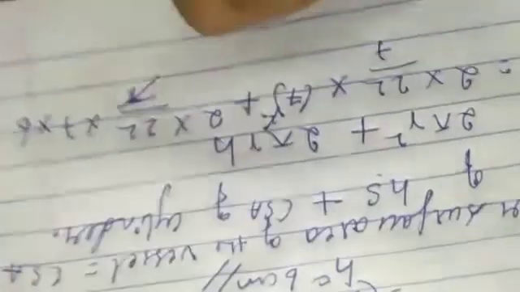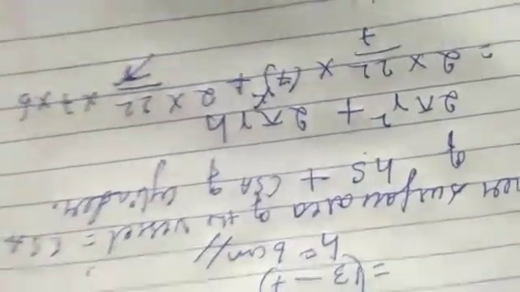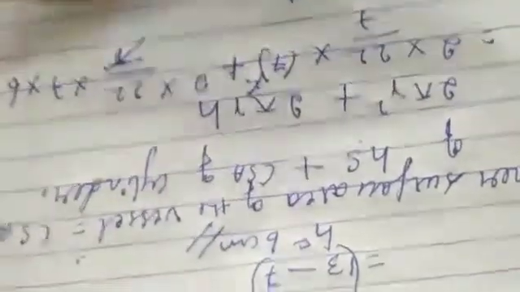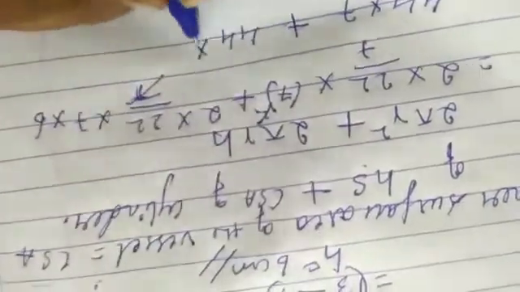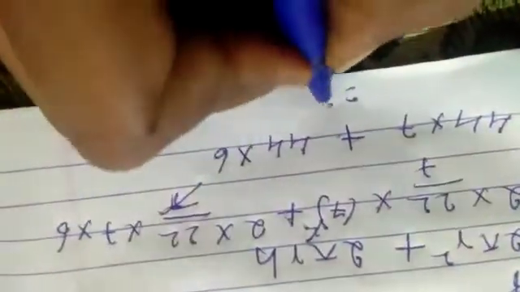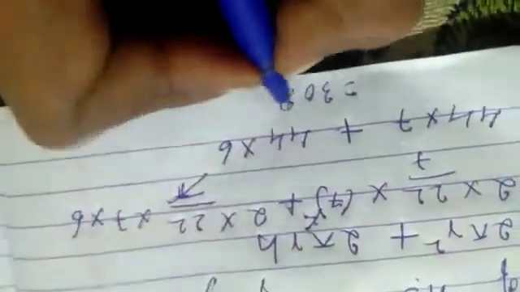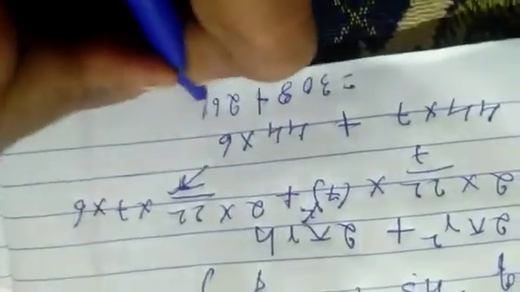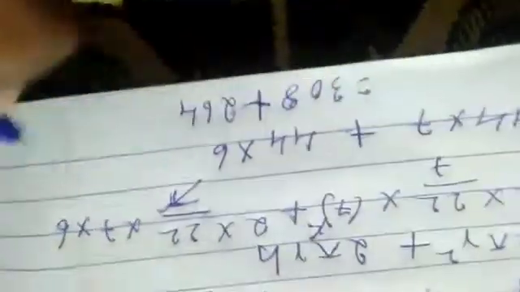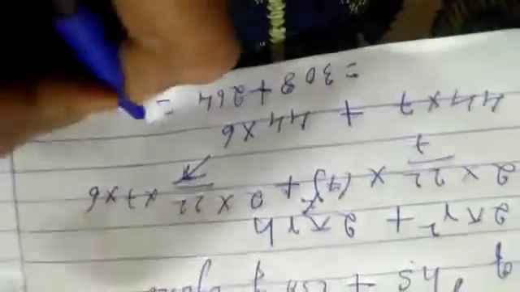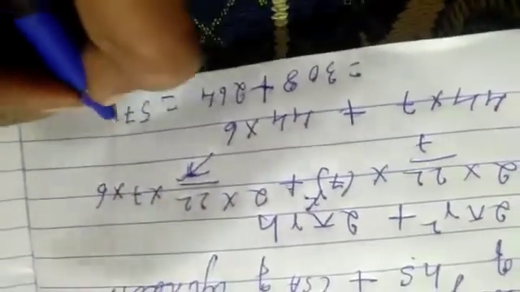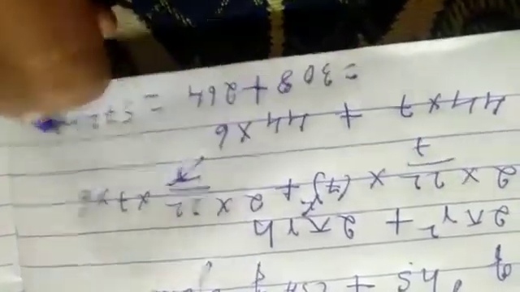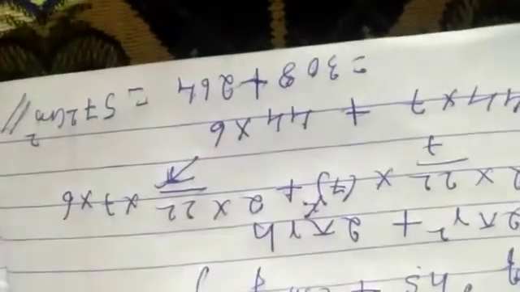Left out is 44 into 7 plus 44 into 6. So we will get 308 plus 264. So the total answer is 572 centimeters square. Thank you.